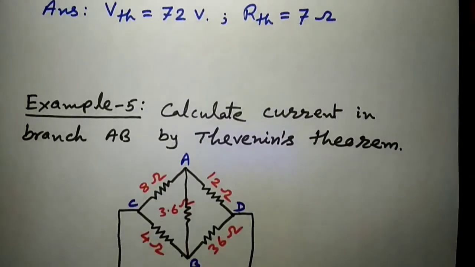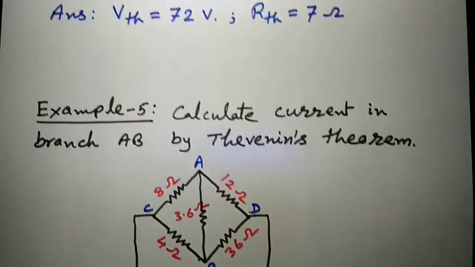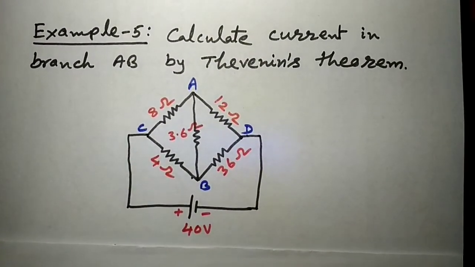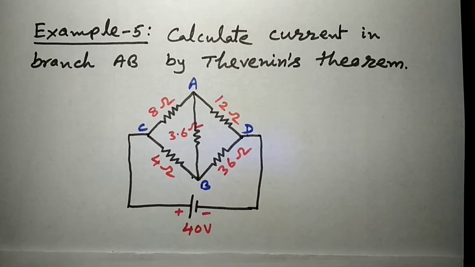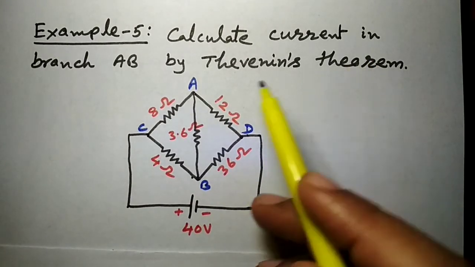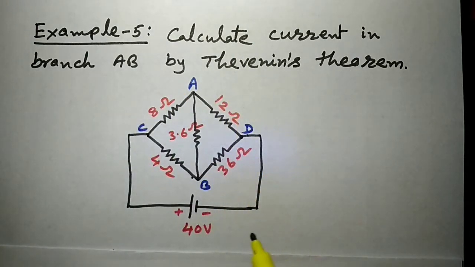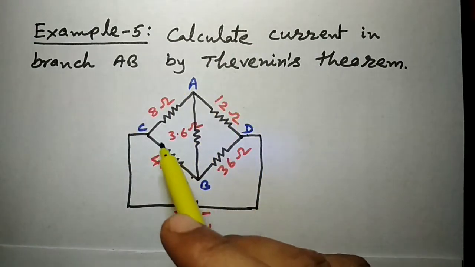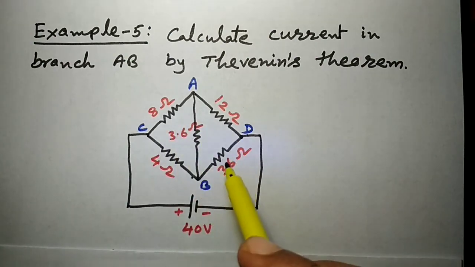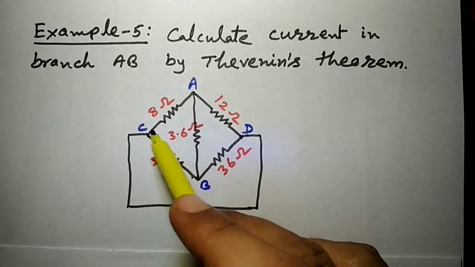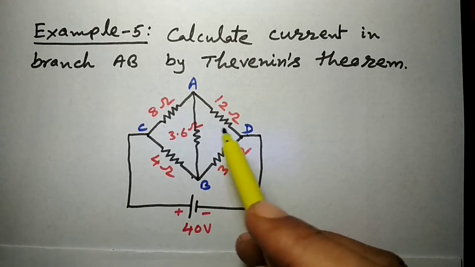In the second example, for the practice, you have to calculate the current in the branch A and B by Thevenin's theorem. So this is a bridge, unbalanced bridge, A, B, C and D terminals.